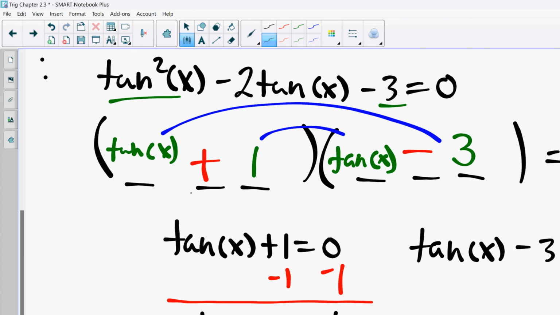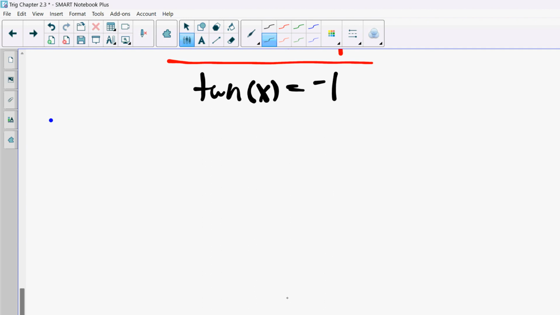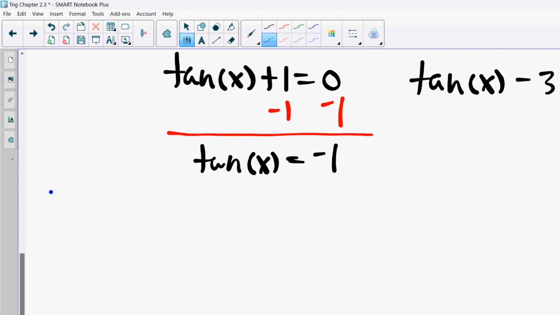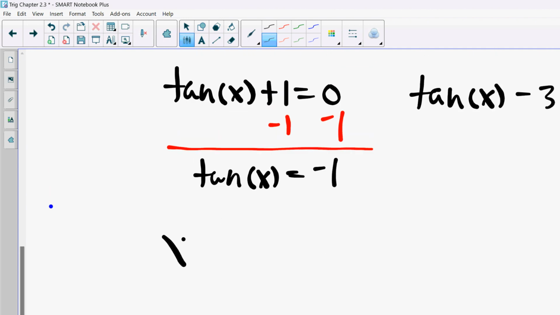Well, we've already worked with this one here, because this one is nice for us. We do have it on the unit circle, which will have two different values. And one of them is going to be 3 pi over 4. And the other is 7 pi over 4.